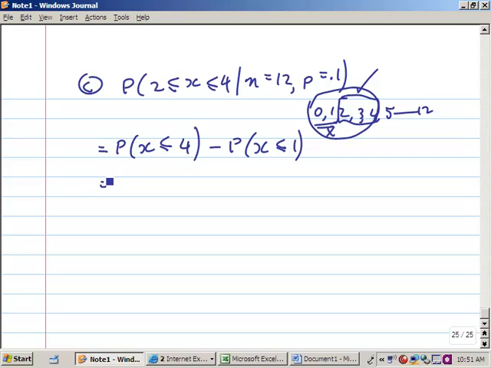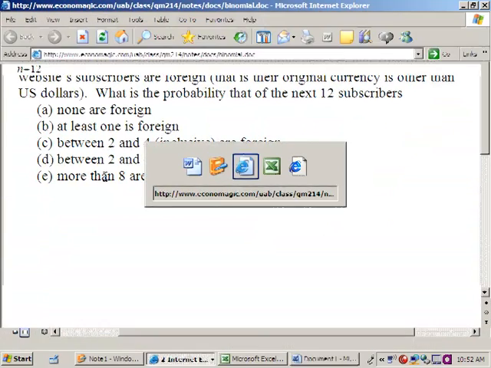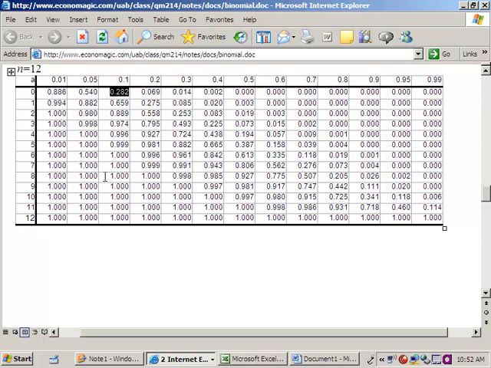Okay. Wrong page. Alright, we've got that screen up with n of 12, p of 0.1. So we want 4. Alright, 0.996.